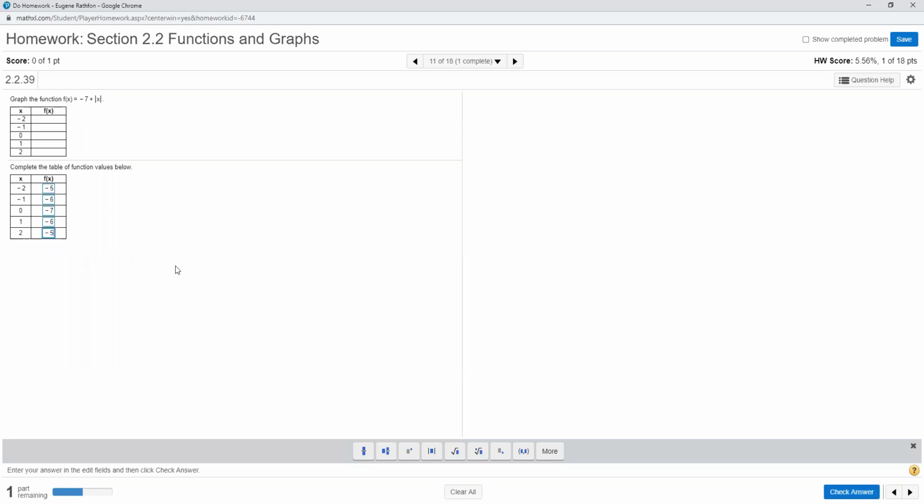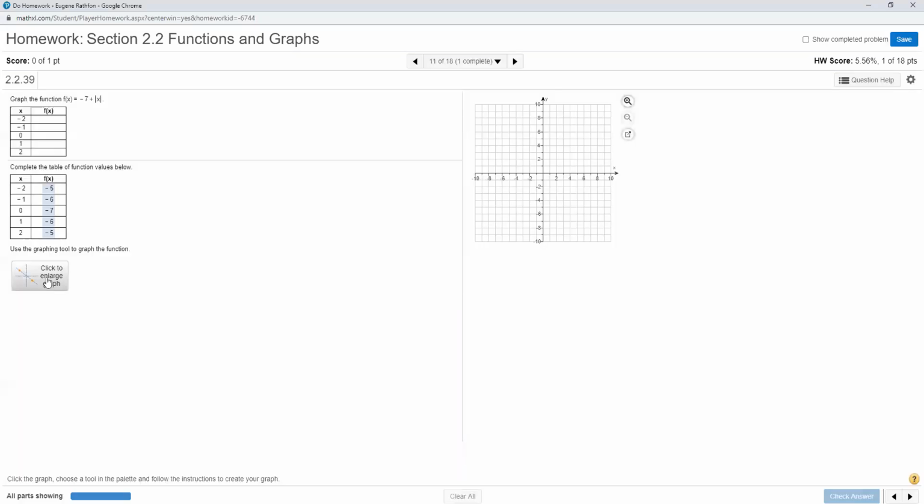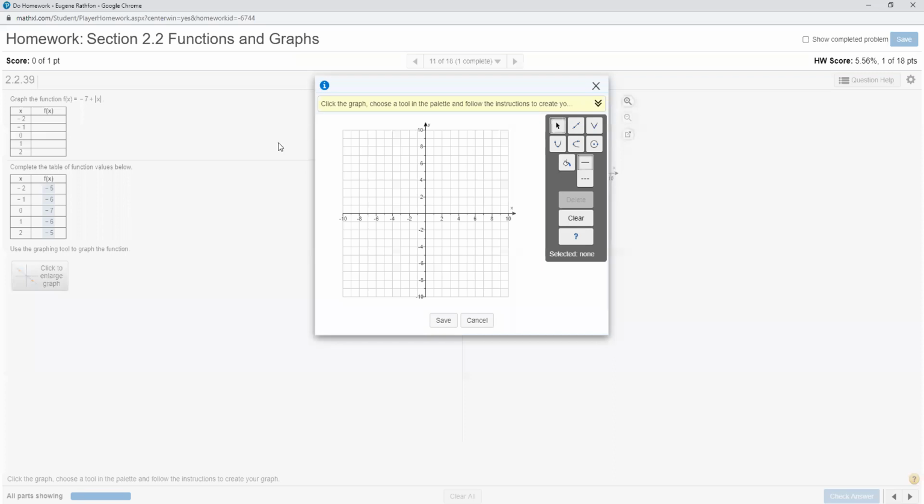So you're going to put your points in again and check that answer. And then remember, it's going to want me to graph this. So I'm going to click graph. Now watch over here. If you notice, when you click on these, that one says it's a line tool.